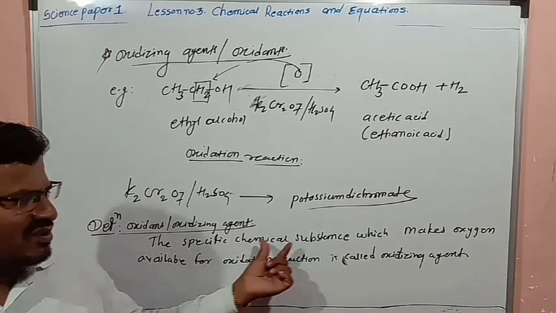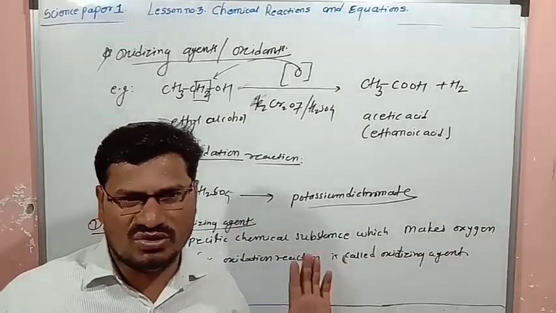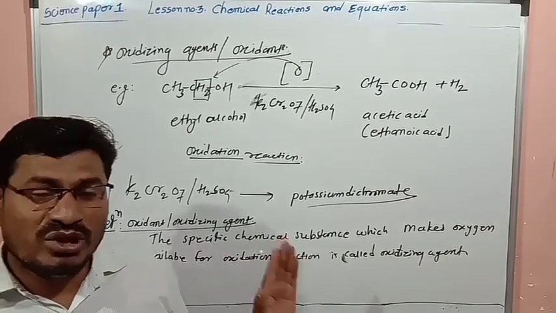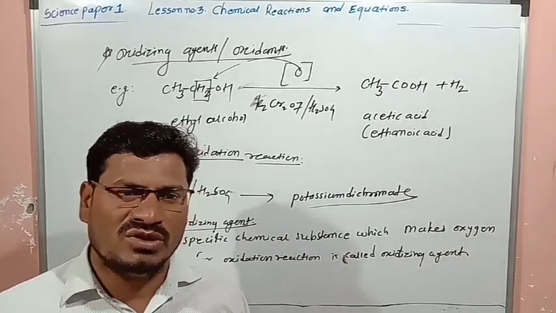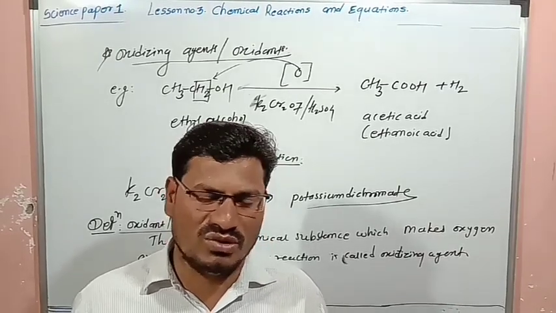So a specific chemical substance which makes oxygen available for the oxidation reaction is called an oxidizing agent. Or the chemical substance which brings about oxidation of the reactant is called an oxidizing agent or oxidant.